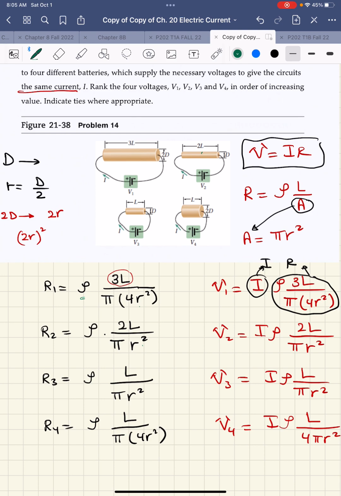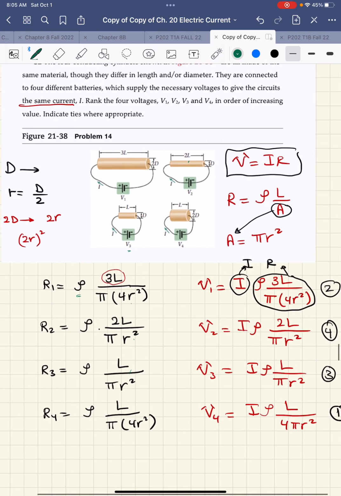R3 is going to be rho times L divided by pi r squared, since it has the same radius. R4 is going to be rho L divided by pi times 4r squared because here it's 2d.